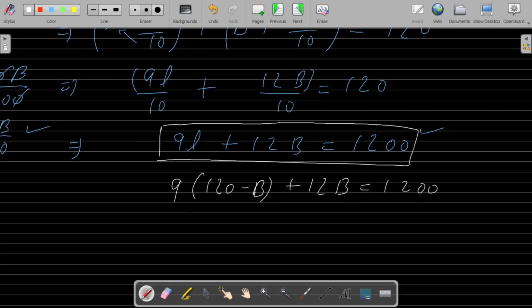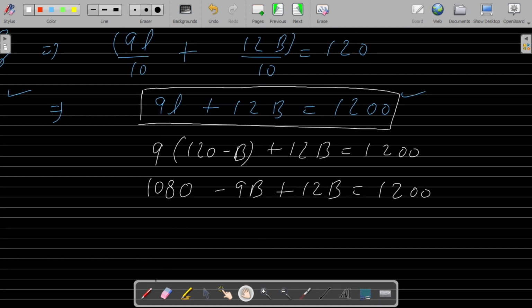Now 120 into 9 will become 1080, so this will become 1080 minus 9B plus 12B equals 1200.